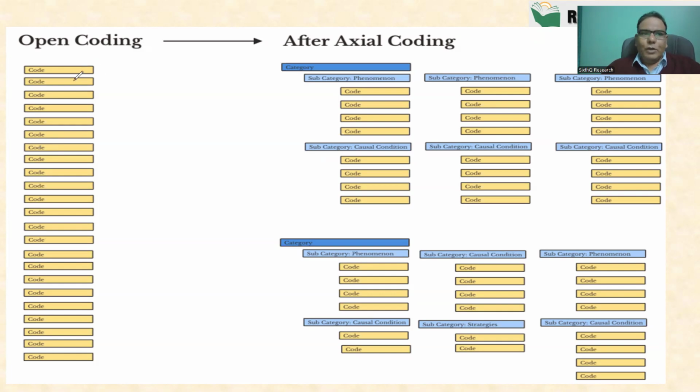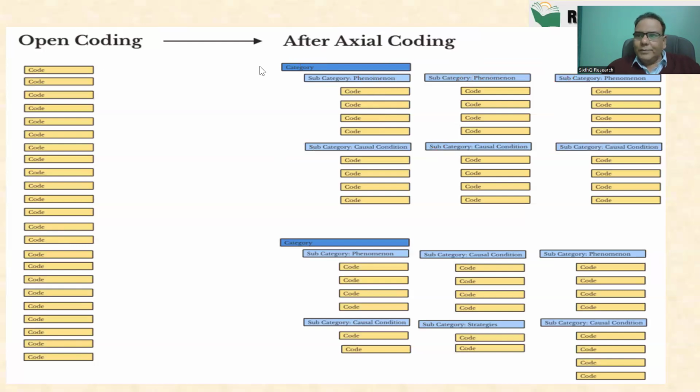After that, we decide that this is theme one, theme two, theme three. Sometimes this is theme one, and this is sub theme one, sub theme two, sub theme three, up to sub theme six. And these are the important keywords which come in sub theme one. So you have to convert the open codes into a structure of themes. This process is known as axial coding.